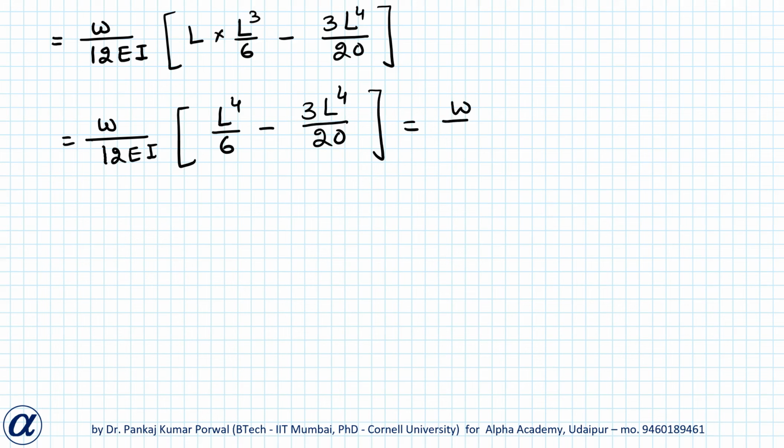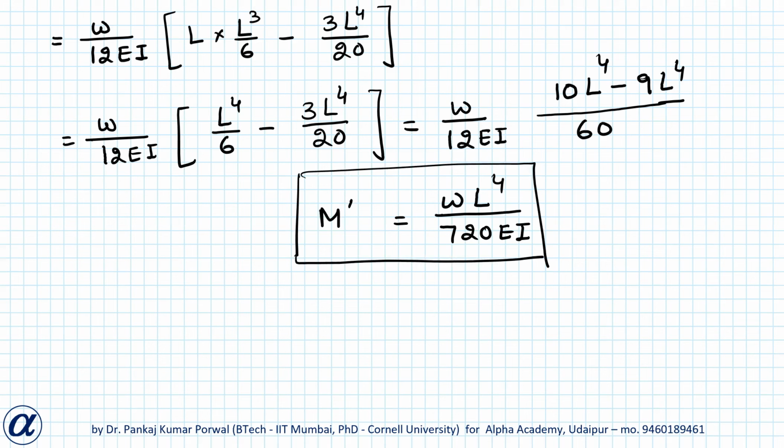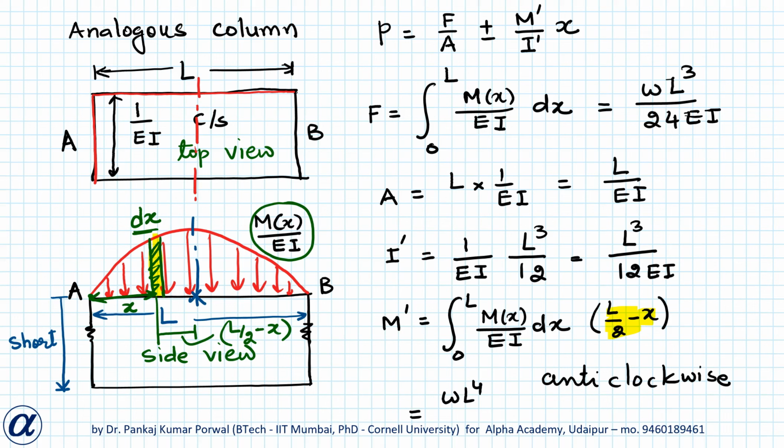Take 60 as LCM, then I am left with 10 L to the power 4 minus 9 L to the power 4. This gives me W L to the power 4 divided by 720 EI. So this is my M dash. So M dash is W L to the power 4 divided by 720 EI, and that is in the anti-clockwise sense.